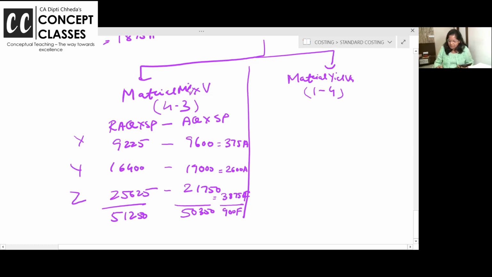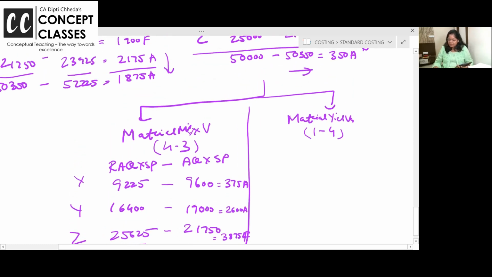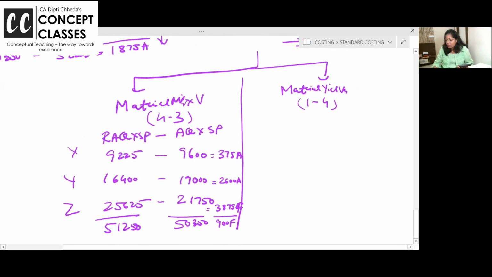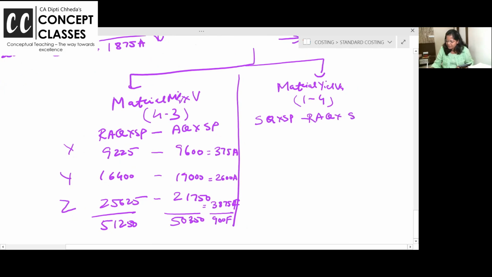Clear? 4 minus 3 and yield is 1. Up karo, I'll tell you the logic. What is yield? Yield is 1, standard quantity into standard price minus actual quantity, revised actual quantity into standard price.